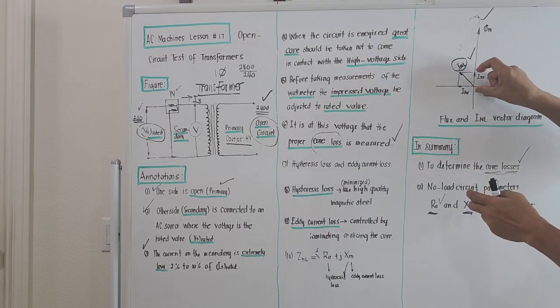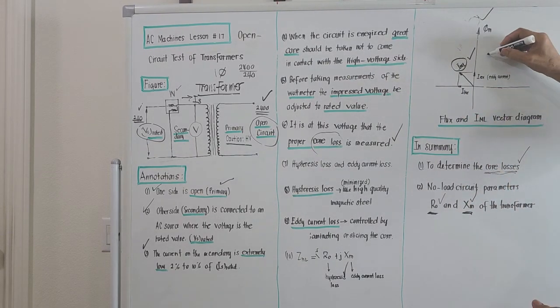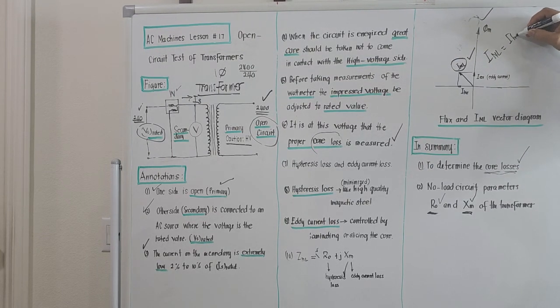So the vectorial sum of the two currents is actually I no load. The equation: I no load is equal to I_H plus j I excitation or eddy current. This is the real part of the no load current and this is the imaginary part.